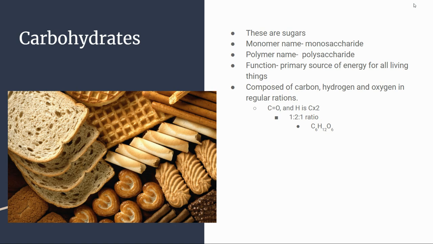For example, you have 6 carbons, which gives you 12 hydrogens, because 6 times 2 is 12, and then the amount of oxygen equals the amount of carbon, so O6. C6H12O6 is sugar, okay? Now, this information here is going to be important. I'll go ahead and tell you for you to come back to as you do your macromolecules table assignment.